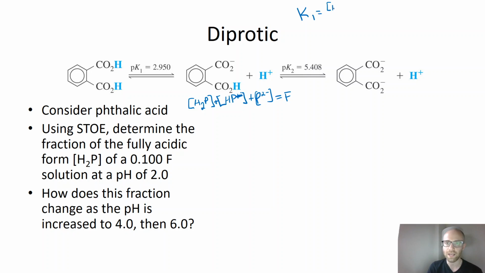K1 is equal to H plus times HP minus over H2P, and K2 is equal to H plus times P2 minus over HP minus. So remembering what we did last time, the solution was to use the K expressions to get all of the species in the mass balance to be the same thing, so that you could have everything in terms of H plus, that species, and Ks.